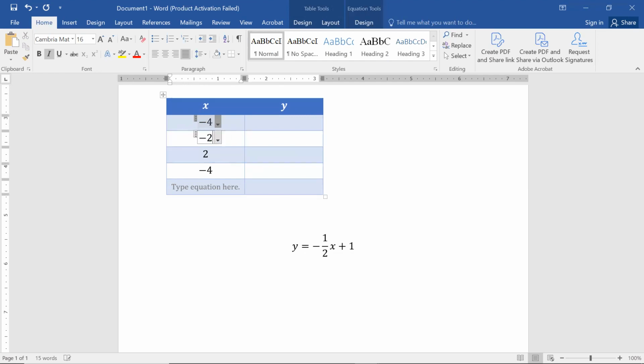Let's go in order just to make it nice: negative 4, negative 2, 0, positive 2, positive 4. I'll plug in all those different values for x.